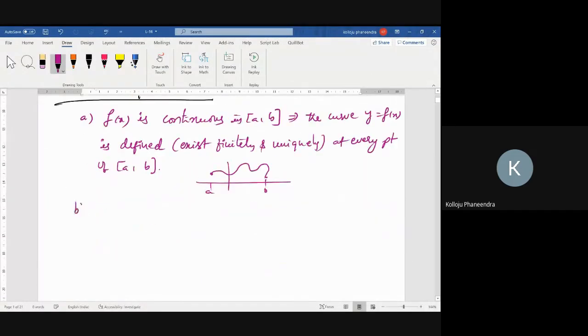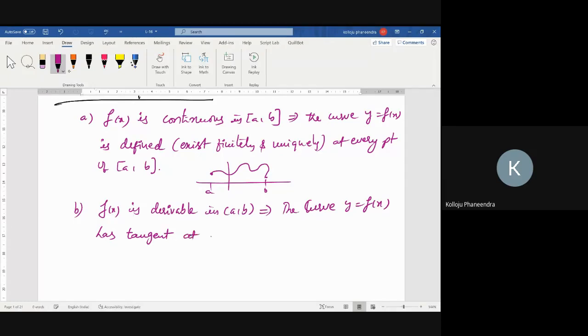And the second condition, f of x is derivable in open (a, b). Derivable in open (a, b) means the curve y equal to f of x has a tangent at every intermediate point.